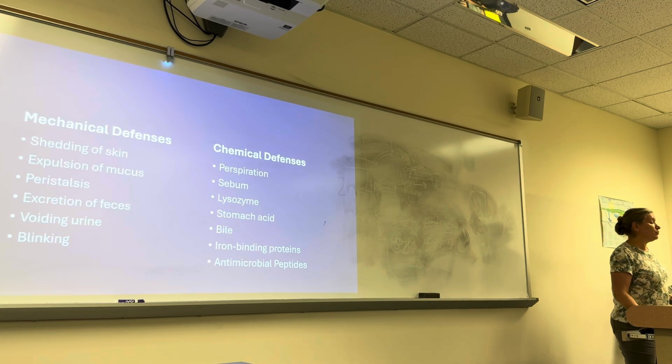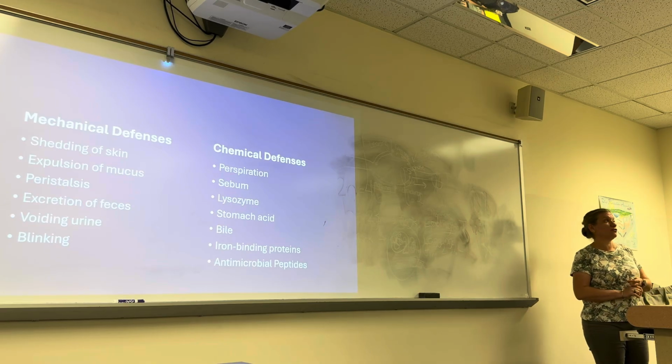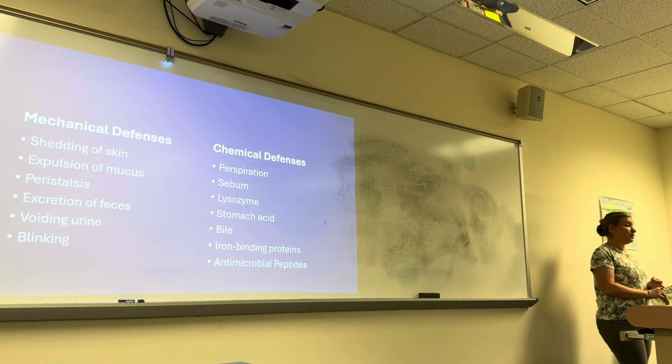For the antimicrobial peptides, these are present on the skin, mucous membranes. We find them in the neutrophils. They act against a broad range of microbes, right? They work in several different ways, such as cytolysis. They interrupt enzyme action.